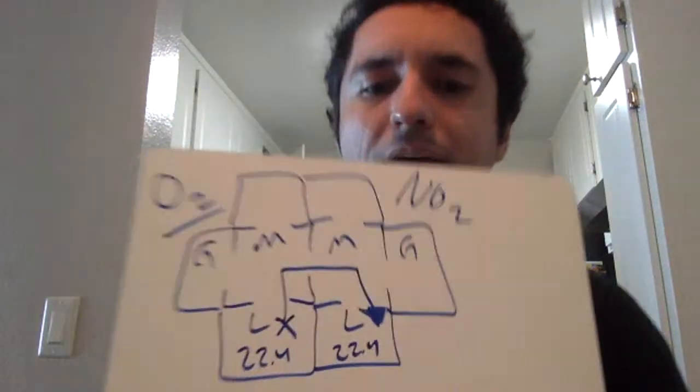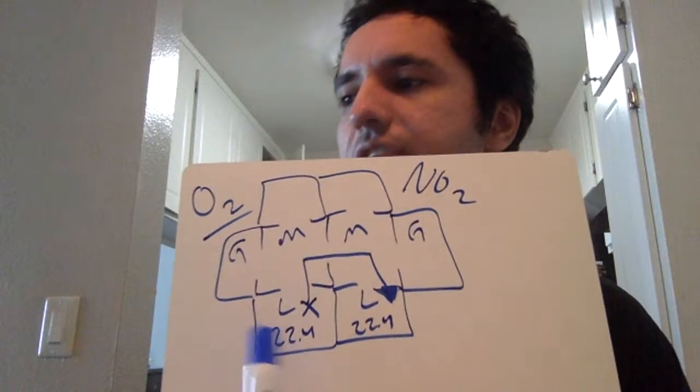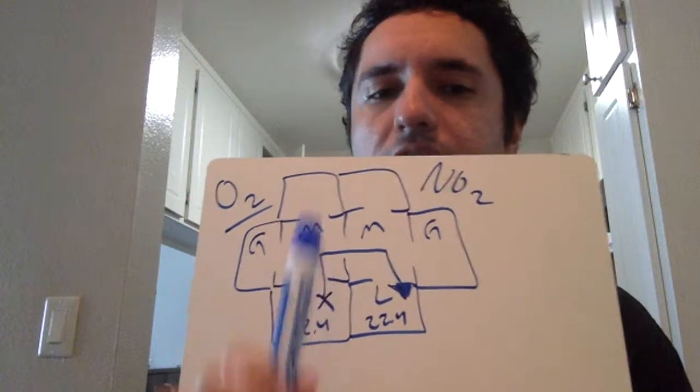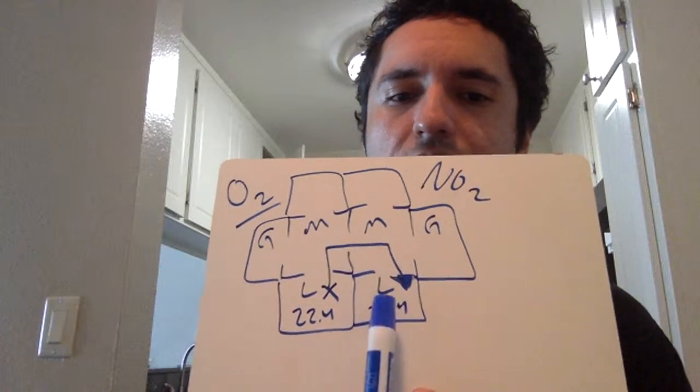This is basically my path right here. My given is 42.1 liters of oxygen gas, and I want to get liters of nitrogen dioxide. So I'm going from liters to liters on the other side.